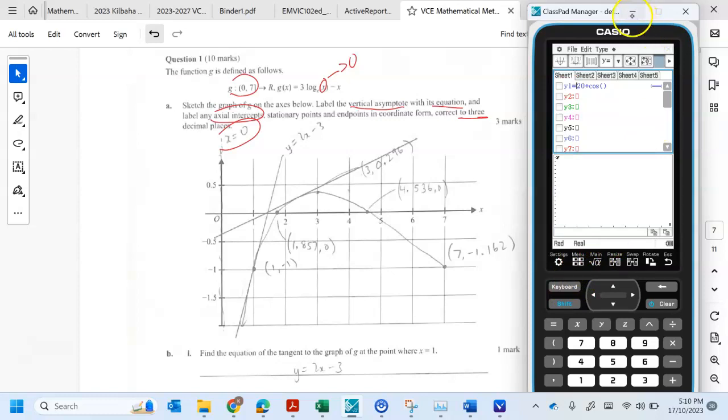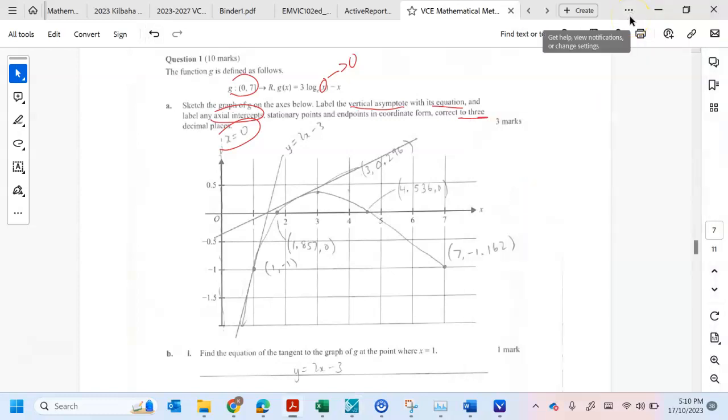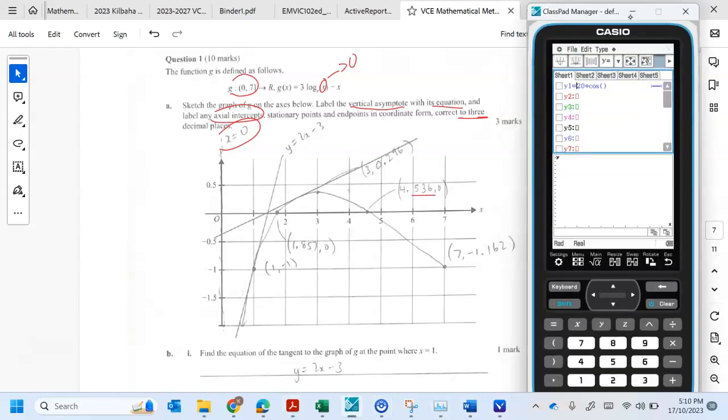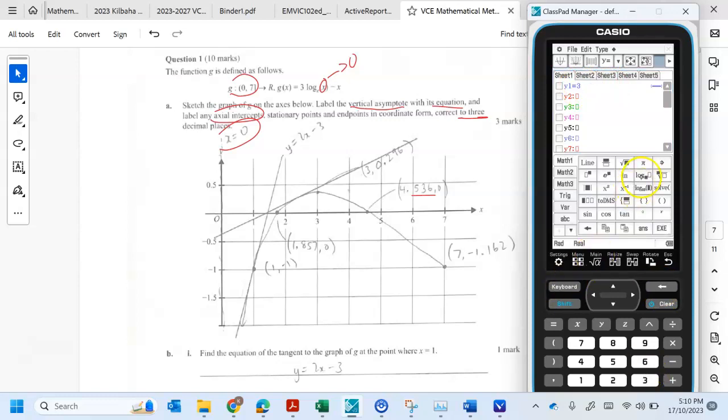No, what was I sketching there? When you're doing it on the graphing screen, just make sure that it does, actually I might show you what I mean. So if we're sketching this, x minus x.